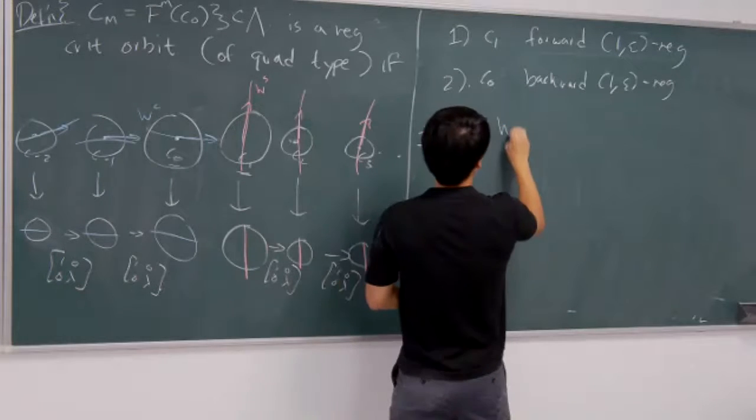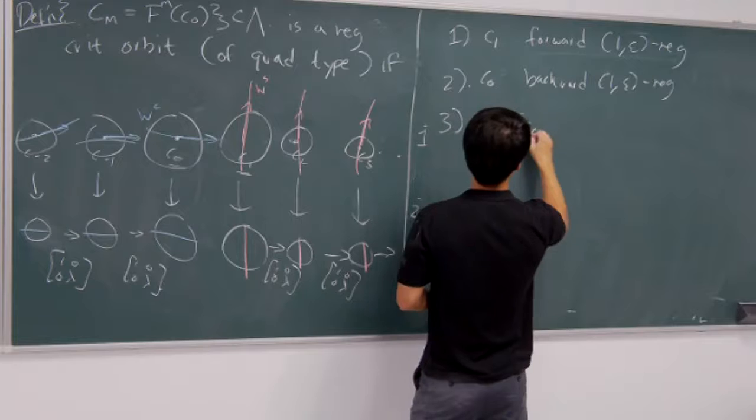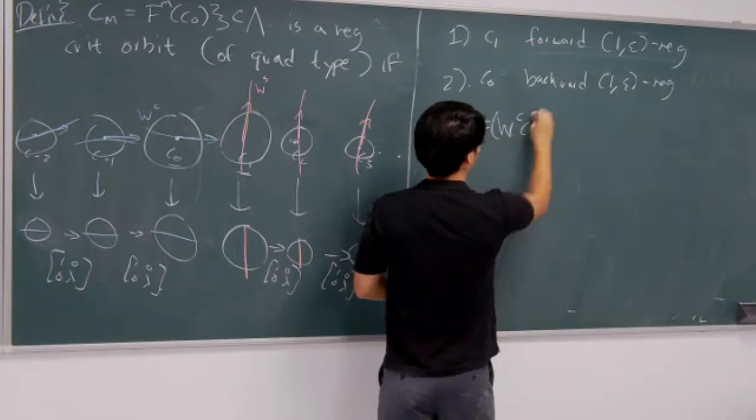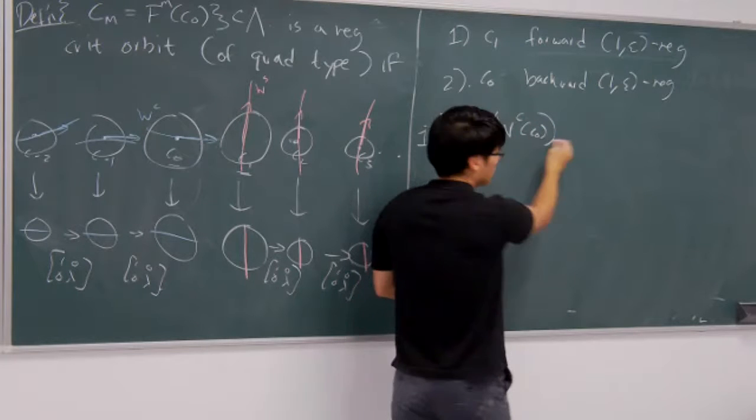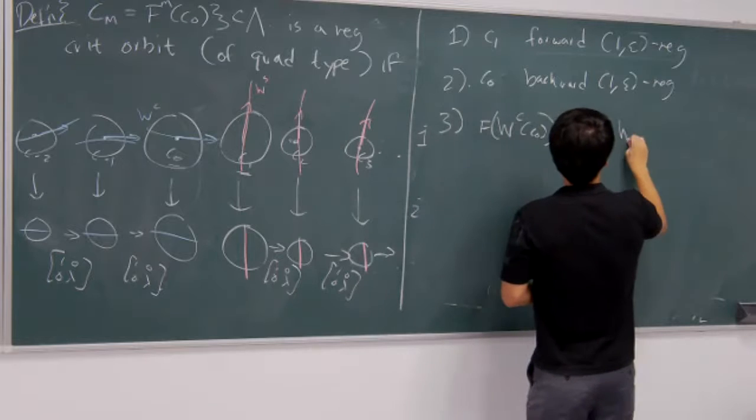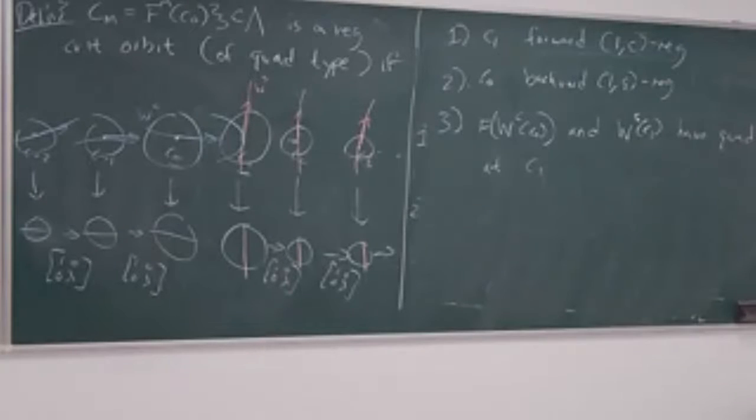3, if you take the center manifold at C0 and you map it, then if you map this center manifold, it will look like this. Okay.